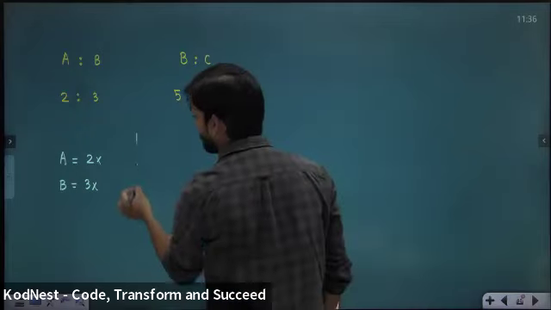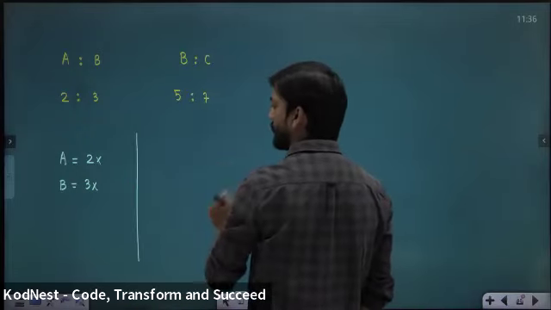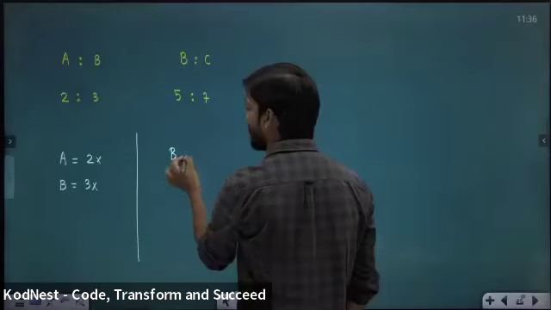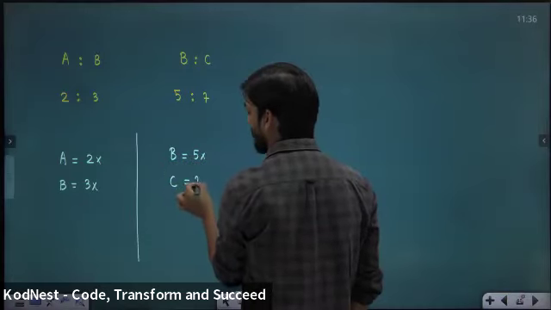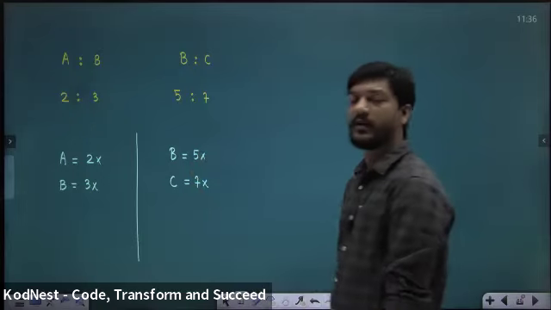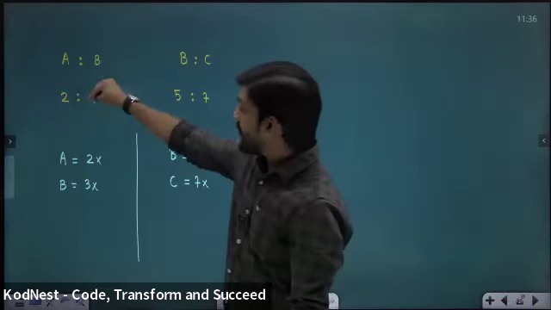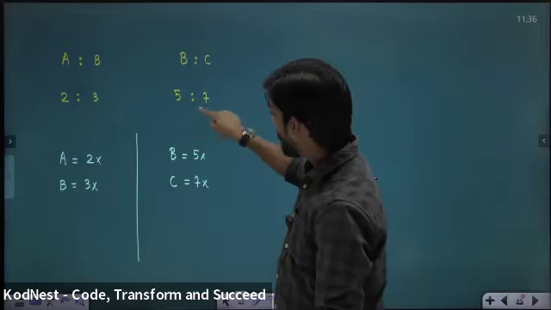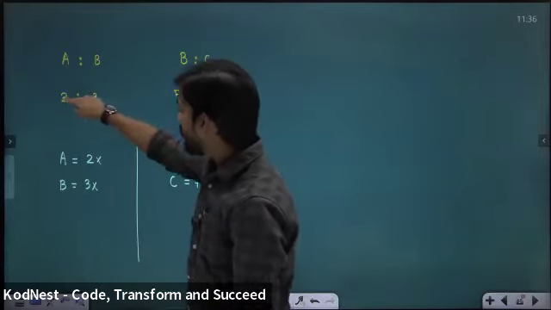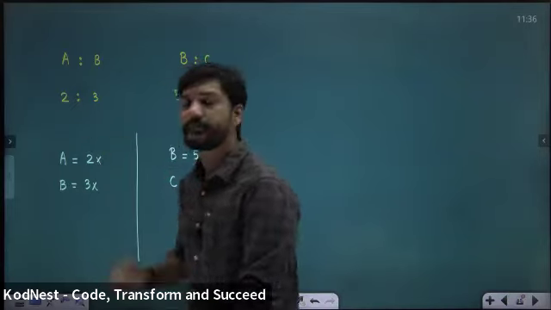Now we have one more ratio. Suppose I write B equal to 5x and C equal to 7x. I have taken x variable for this, 5 so 5x, 7 so 7x, 2 means 2x, 3 means 3x.